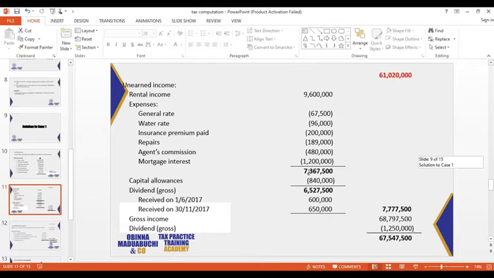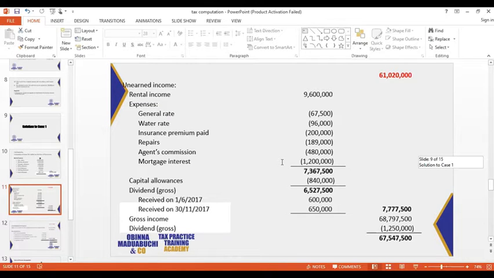Now, when you deduct the capital allowance from this income, we have this particular figure here.